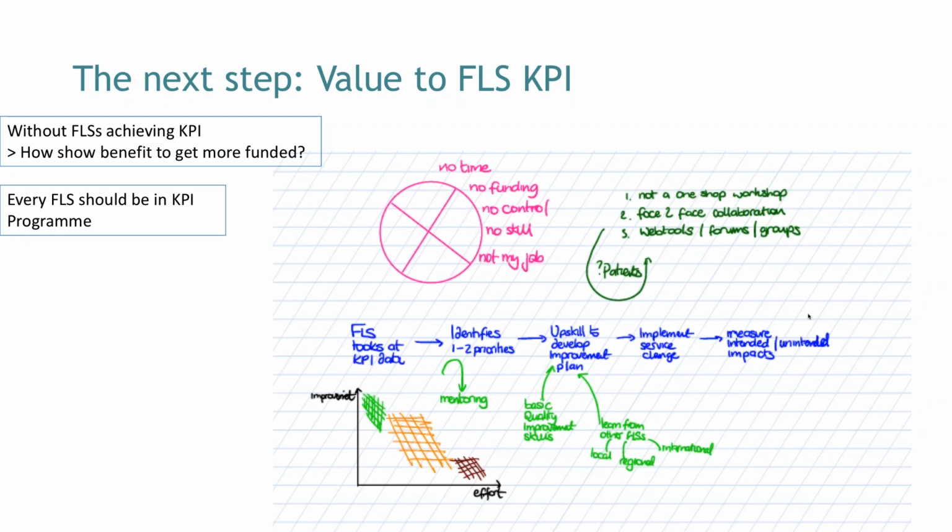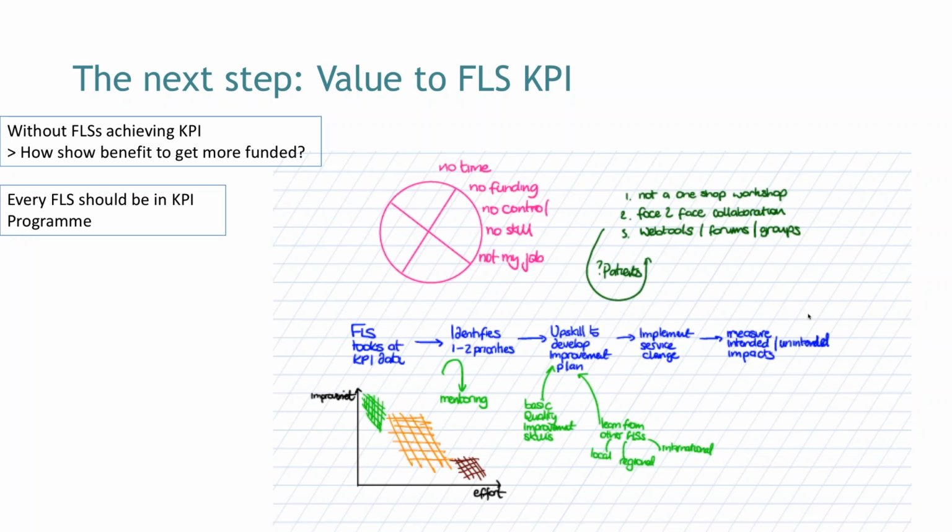And you need to do this because if you don't achieve these key performance indicators, a service may be vulnerable to sustainability and defunding. And this has happened to a number of services in the United Kingdom, probably around the world. And we probably recommend every FLS should be in a KPI program, either locally, regionally, or nationally.